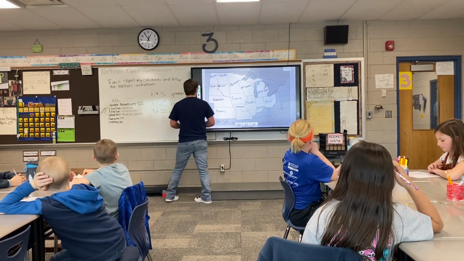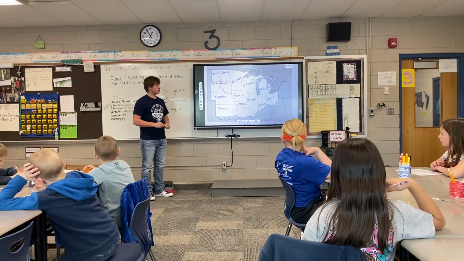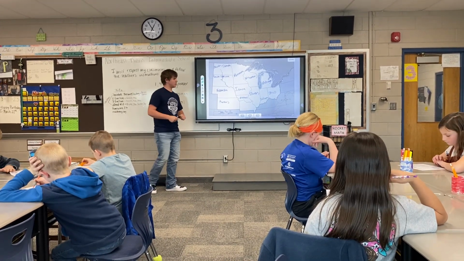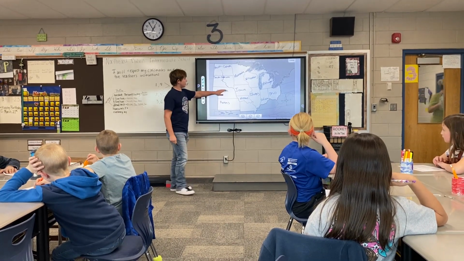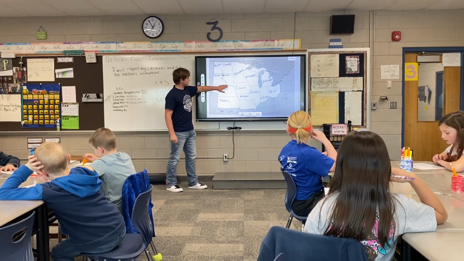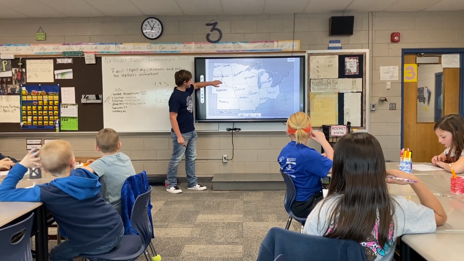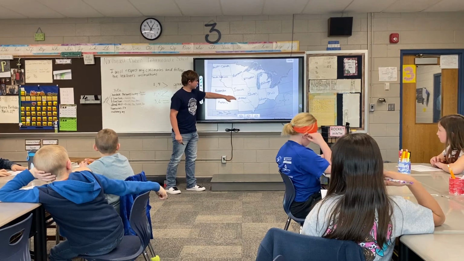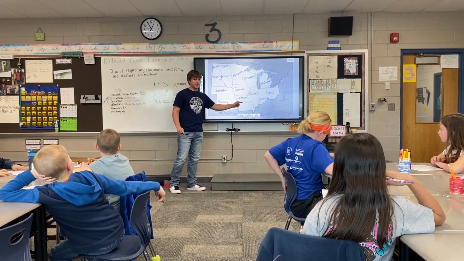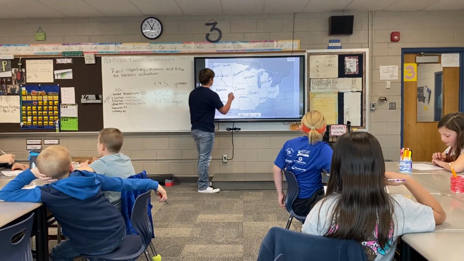Okay, so let's go over the lakes in this region, the Midwest region. So we're going to start over here. This river runs through North Dakota, South Dakota, Nebraska, Iowa, Missouri. It ends in Missouri, so it is called the Missouri River.